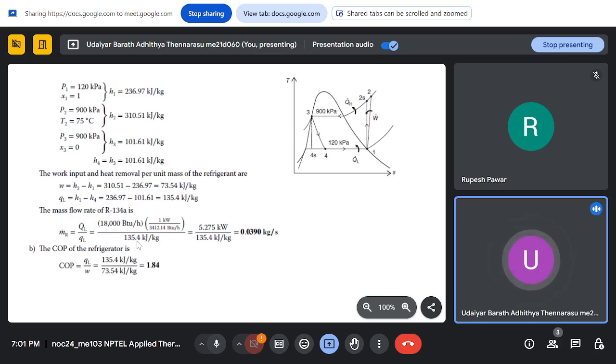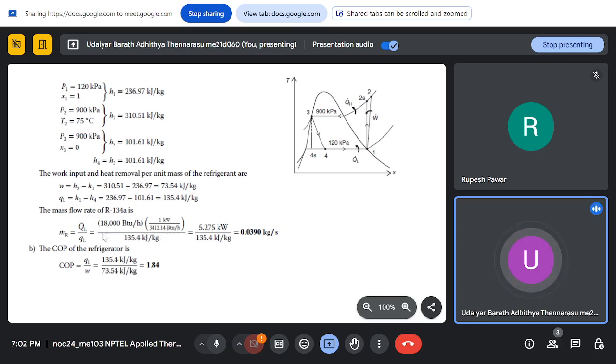So now we convert this to find the mass flow of refrigerant. The mass flow rate is nothing but the cooling load divided by the specific cooling capacity. The load is given as 18,000 BTU per hour, and 1 kilowatt is equivalent to 3412.14 BTU per hour.